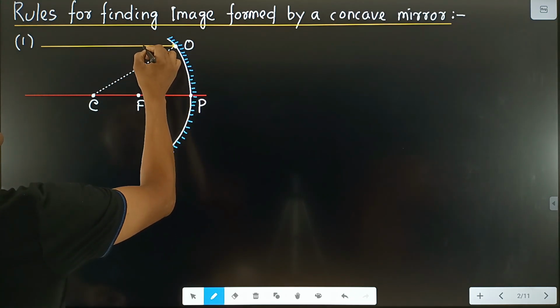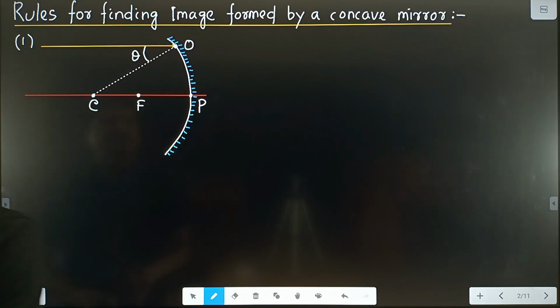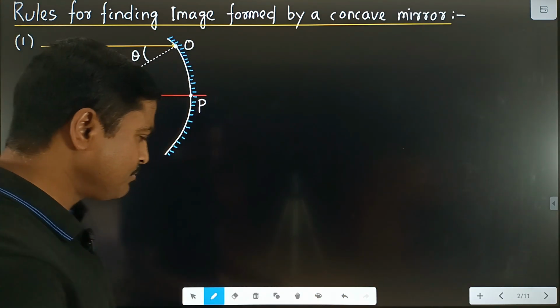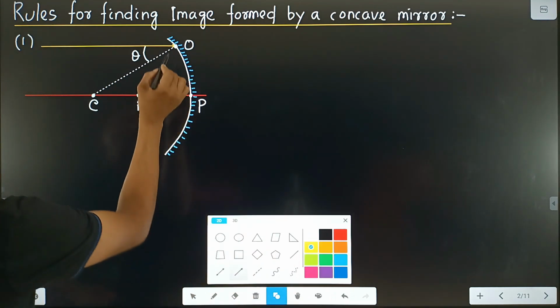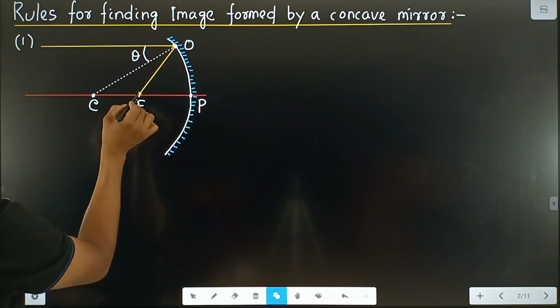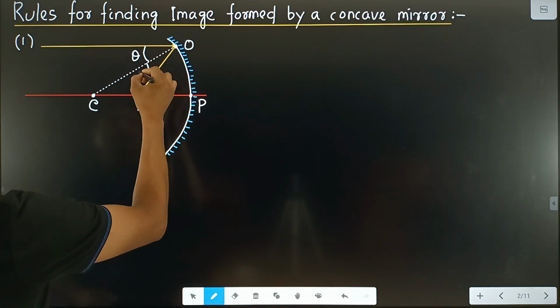In case of a spherical mirror, the normal to the reflecting surface always passes through the center of curvature. So this is the angle of incidence, suppose that is theta. With equal angle, the ray is returned back into the same medium, so the reflected ray moves in this direction, and the reflected ray passes through the focus. Clear? And this is the angle of reflection, that is also theta.